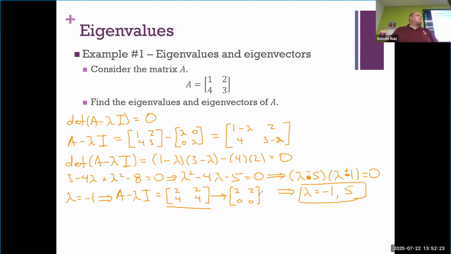I think we can already be done. So now what's a good vector that can come out of that? Looks like 2x1 plus 2x2 equals 0. Or I could just divide everything by 2: x1 plus x2 equals 0. Or x1 equals negative x2.